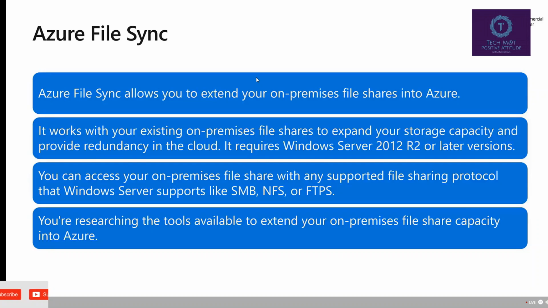You create that, but then in a standard box, like a Windows Server 2012 R2 or 2016, like a regular server, it doesn't need to be specialized hardware at all, you can install the sync agent, and configure that sync agent with a file share service and the file sync service in Azure. And that will create a local cache that allows you to do SMB, NFS, FTPS, whatever you need.